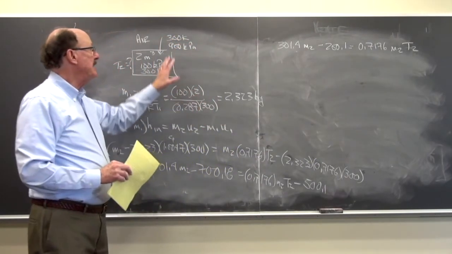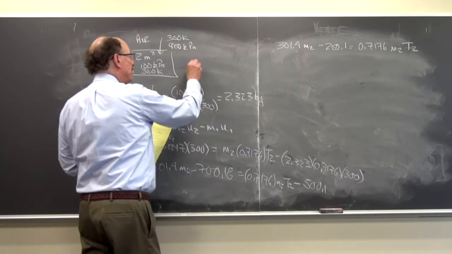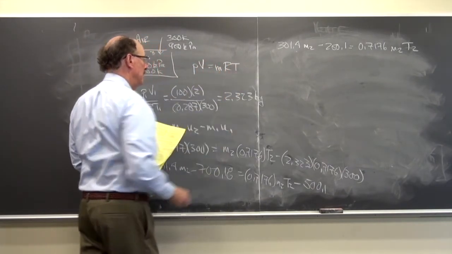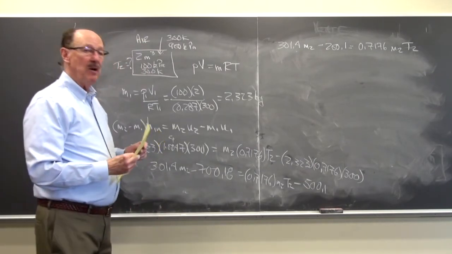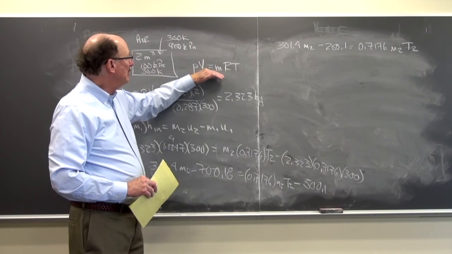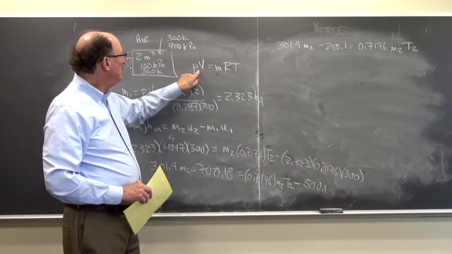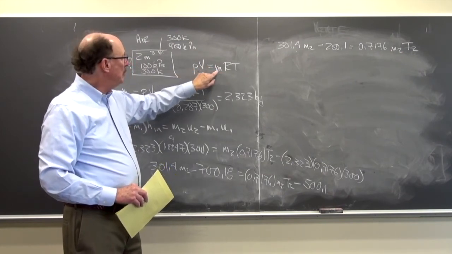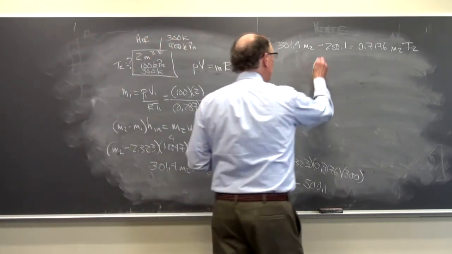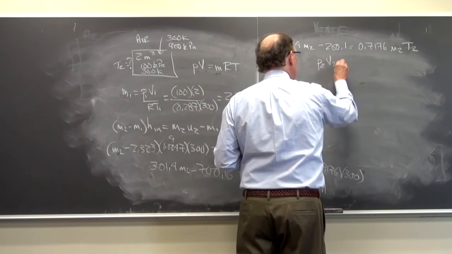Remember, this is an ideal gas, so I can always use PV equals mRT. So the reason we write this down, PV equals mRT, P2V2 would be equal to M2RT2. So now let's look at that.